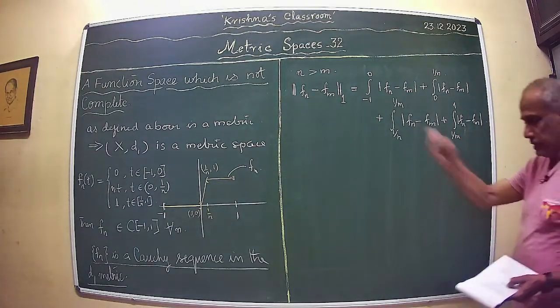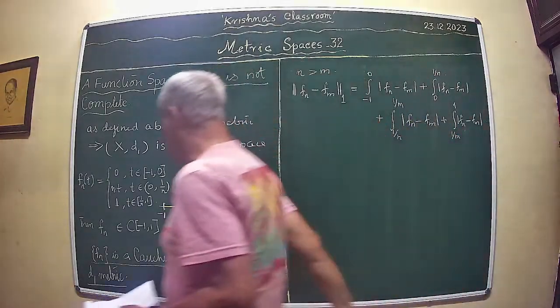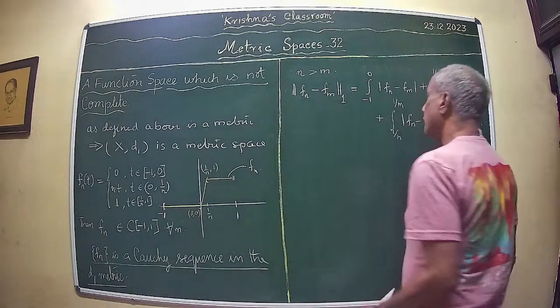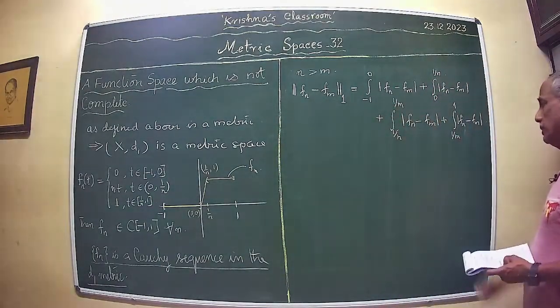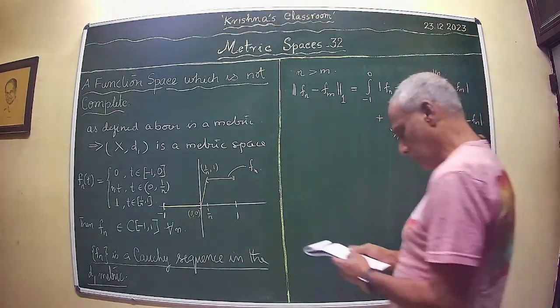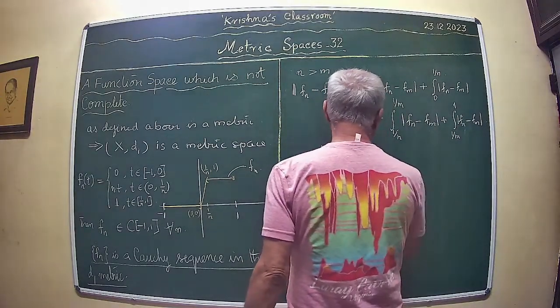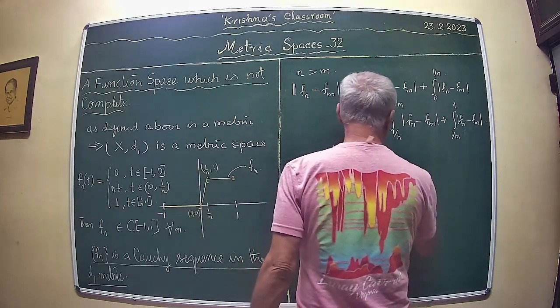So the domain is split into 4 parts with n greater than m. Doing this splitting, we can write this as I1 plus I2 plus I3 plus I4.